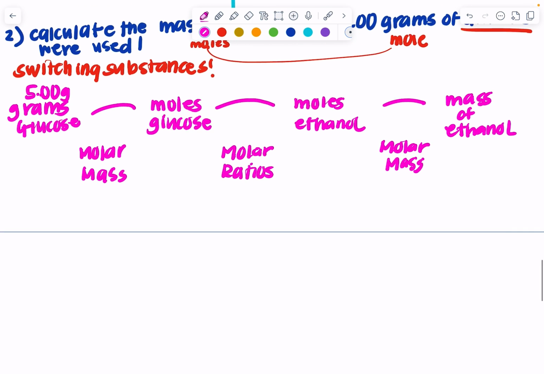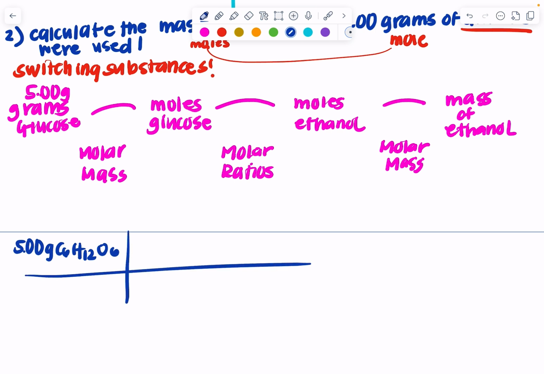So if we put this all together, we're going to do 5.00 grams of C6H12O6, which is what the problem gave us. The molar mass of glucose is 180.16. And all I did was I just added everything that's in glucose, C6H12O6, I just added all of that together. 1 mole of glucose.